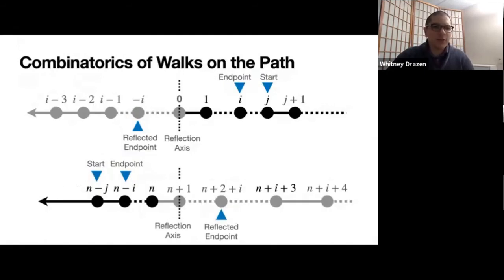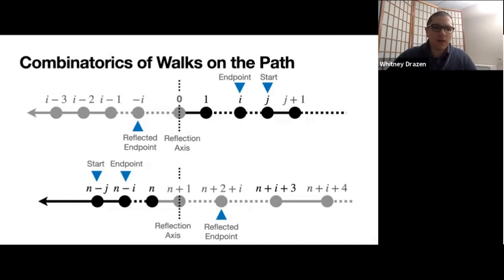Okay, so we can do the same trick on the right endpoint. It's basically the same thing, only we're reflecting paths about n plus 1, because that's the first vertex outside of the path, rather than reflecting walks about 0.